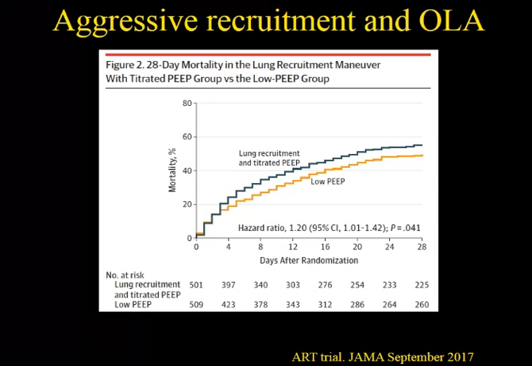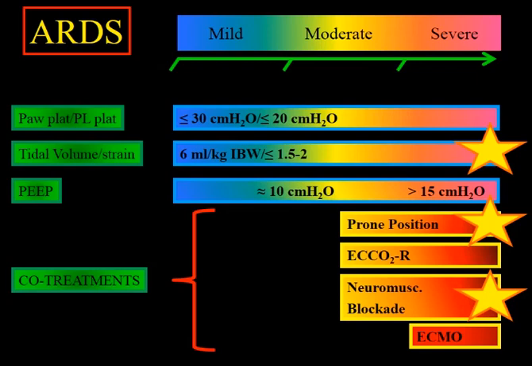But if we push with crazy things such as recruitment with 60 of pressure, or a continuous maneuver, to see the PO2 going up for 5 minutes, 10 minutes, and then decay, I think using common sense is still important. I think this paper, whether you like it or dislike it, is quite important. And I think that what has been developed over the years still makes sense.